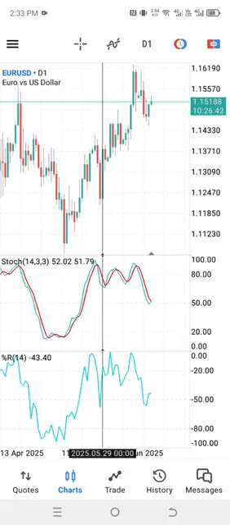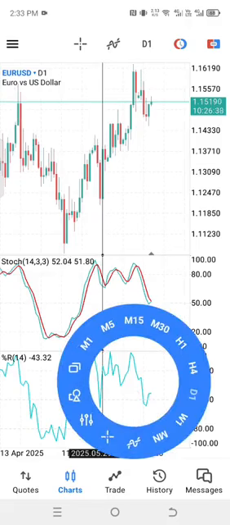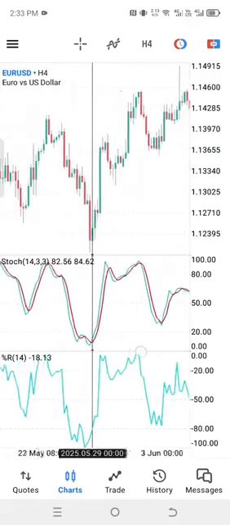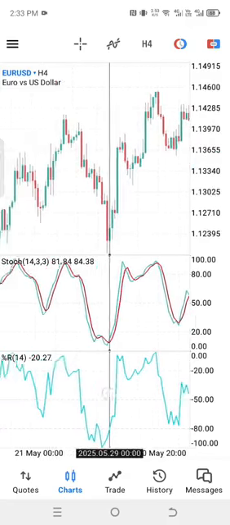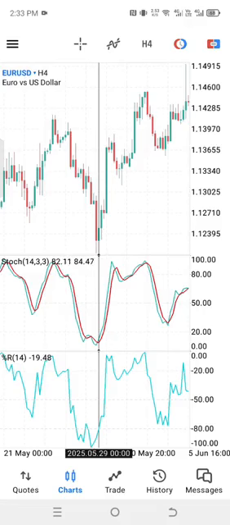And the next thing is to move straight to the H4 time frame. Now I'm going to wait for the Stochastic Oscillator to drop down to the 20 level, guys.